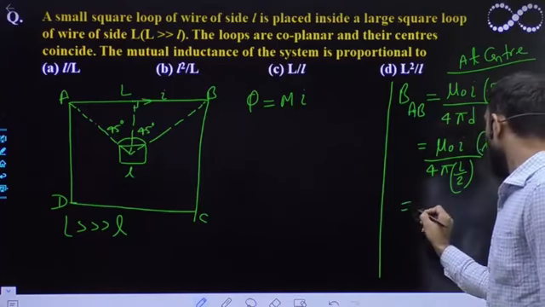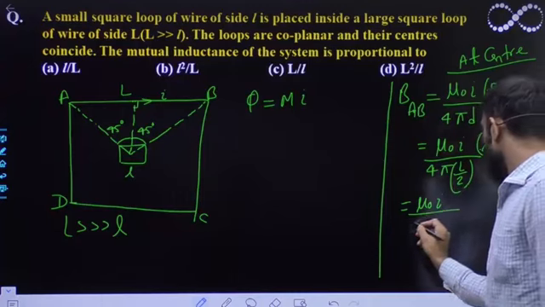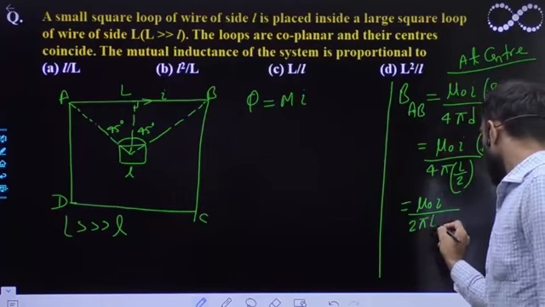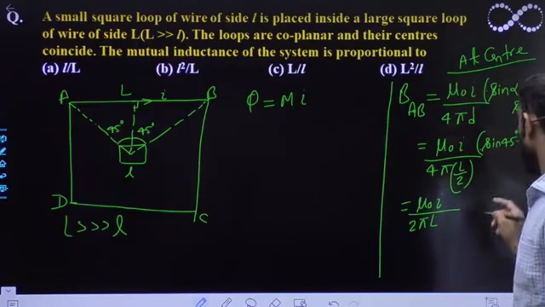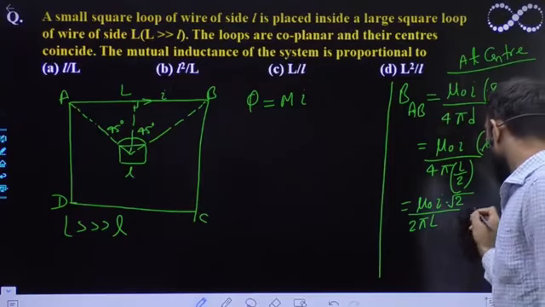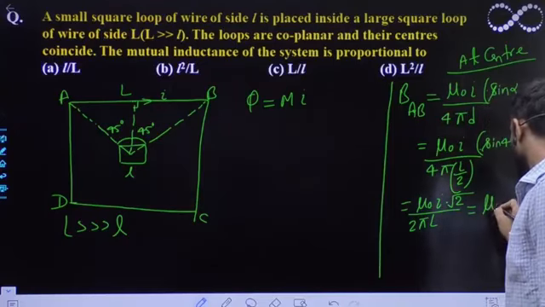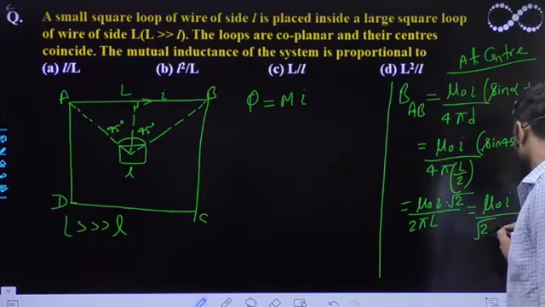So we'll get here mu naught I upon 2 pi L, and sine 45 is 1 upon root 2, so 2 times of this will become root 2. So finally we will get mu naught I upon root 2.